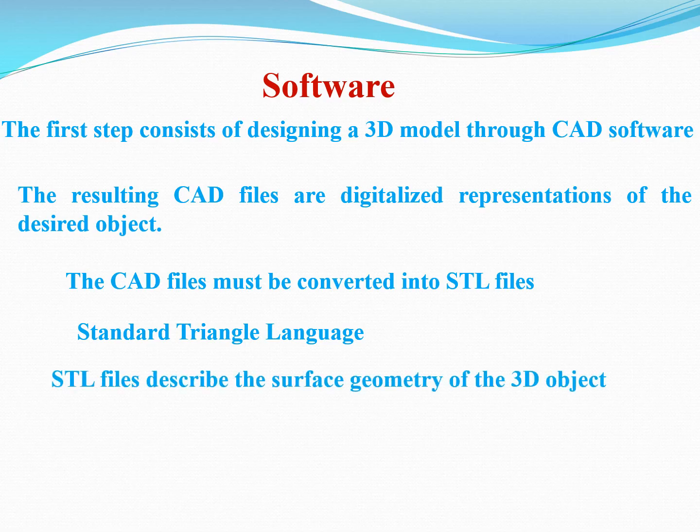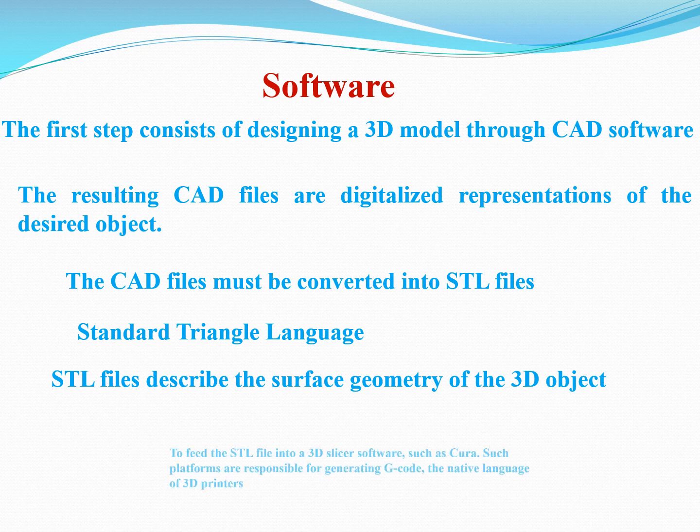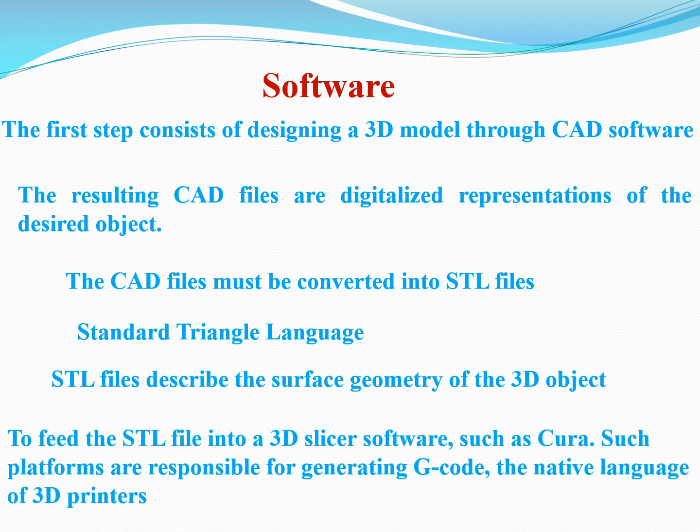That STL file describes the surface geometry of the 3D object, and we feed that STL file into the 3D slicer software, such as Cura, such platforms are responsible for generating G code, the native language of 3D printers.